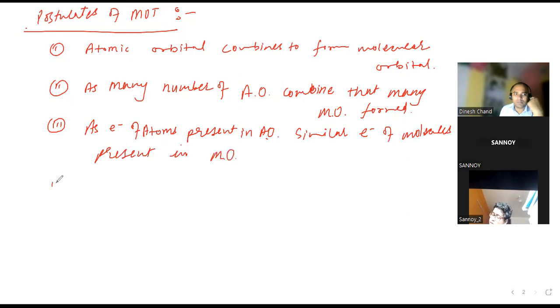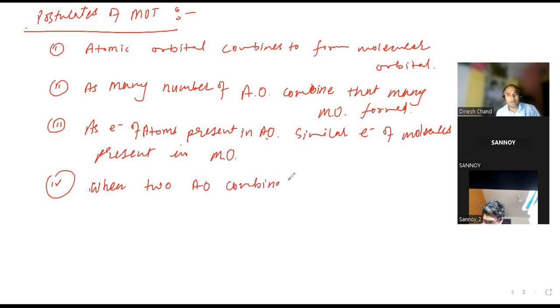Fourth, when two atomic orbitals combine, two molecular orbitals are formed.